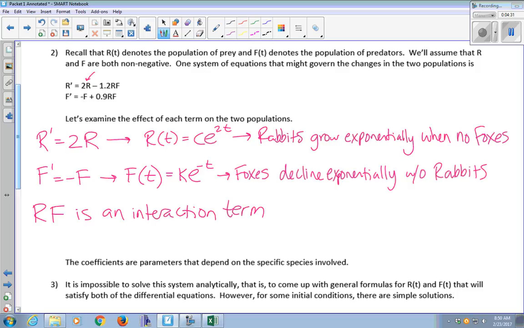It's not good for rabbits when rabbits and foxes interact, but it's good for foxes. So they have a positive interaction term, right? Positive for foxes, but negative for rabbits.